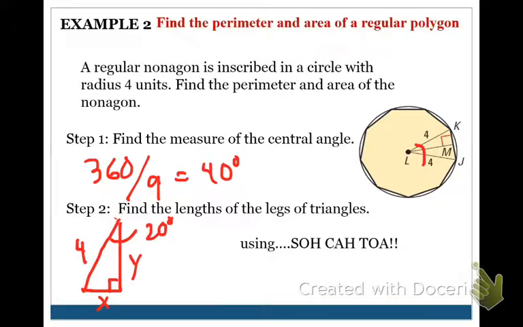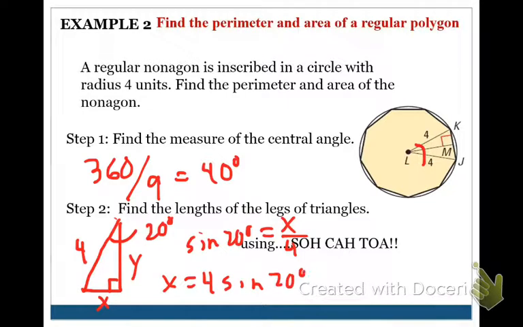Sine. So sine 20 degrees is equal to opposite x over 4. So x equals 4 sine of 20. What does 4 sine of 20 give me?